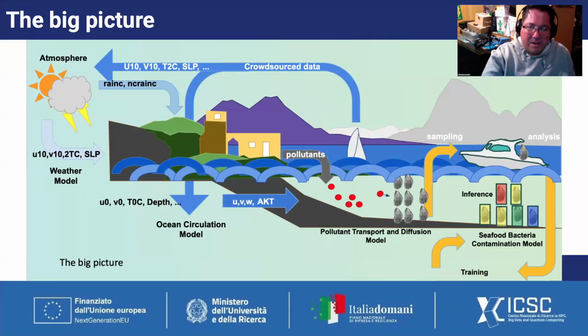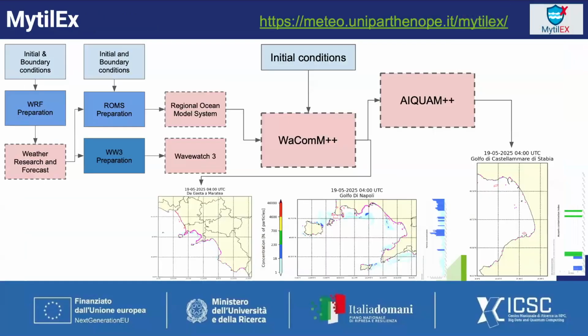This application is really demanding because we have a contract. We have to be sure that it is working every day. This is the workflow of this application. As you can see, it is a mix of regular computational models up to WaComM++, that is a Lagrangian model, and then iQuant++ is an AI based model.